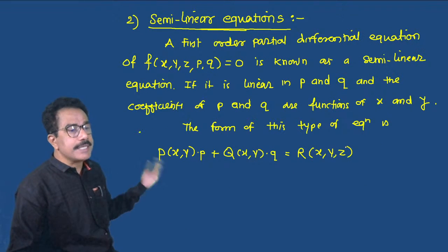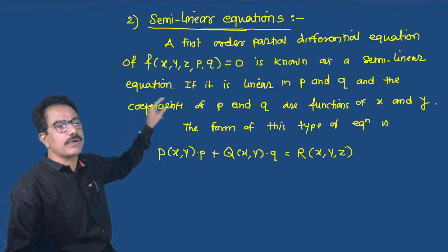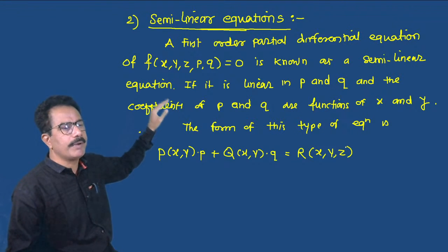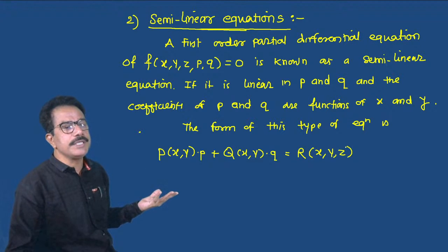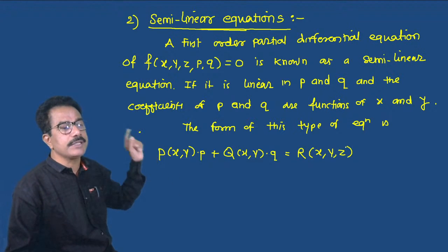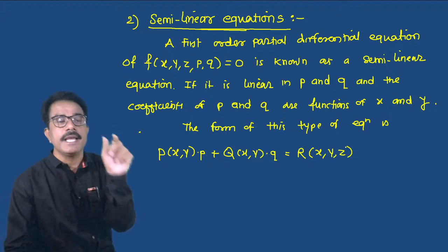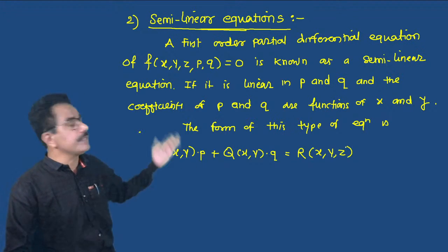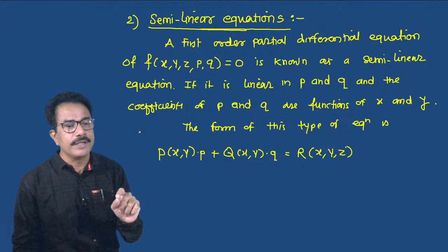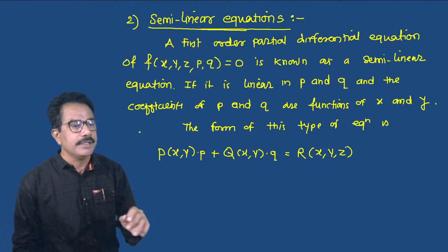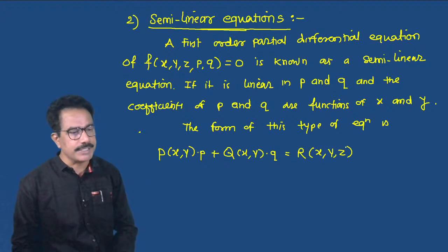But semilinear means a first order partial differential equation f of x comma y comma z comma p comma q equals 0 is known as a semilinear equation if it is linear in p and q and the coefficients of p and q are the functions of x and y. The form of this semilinear equation is in this way.